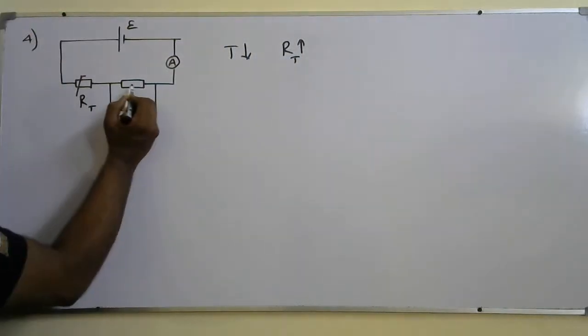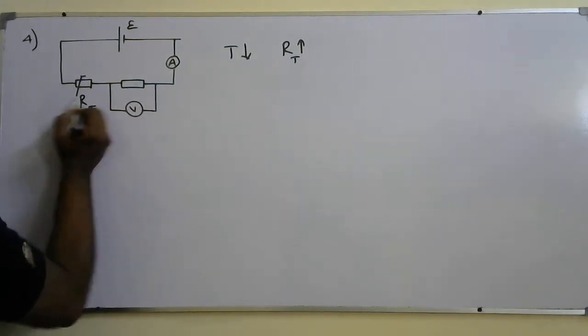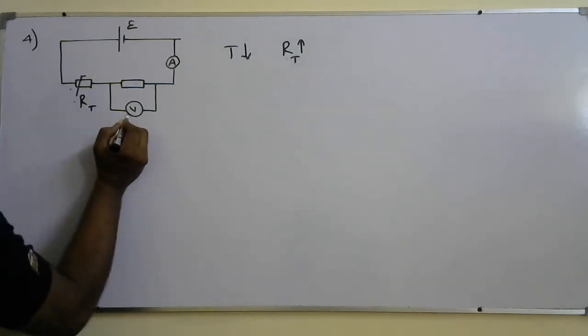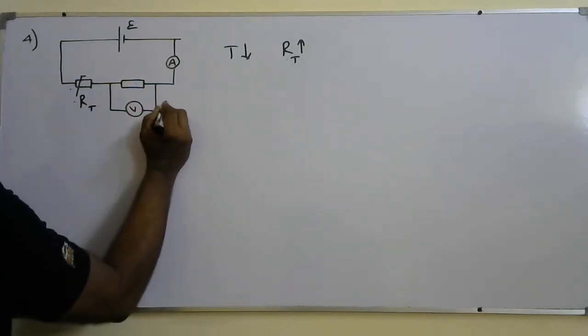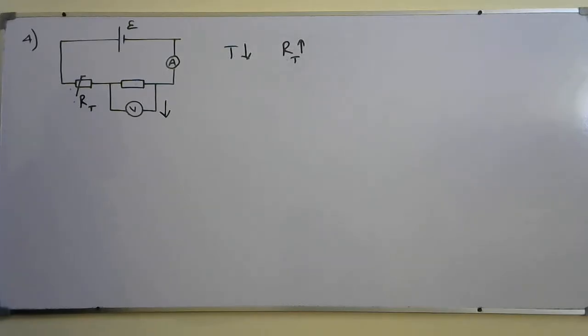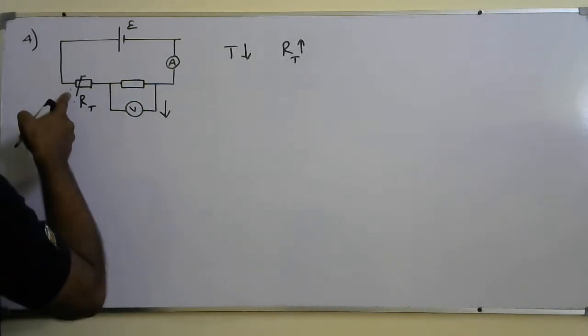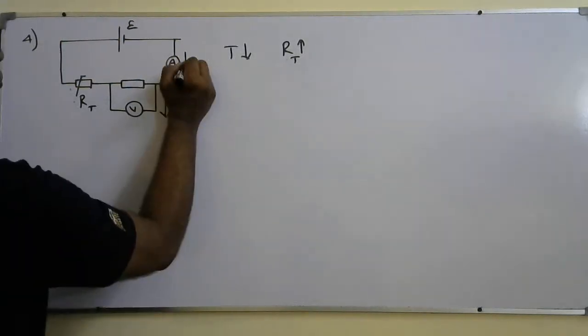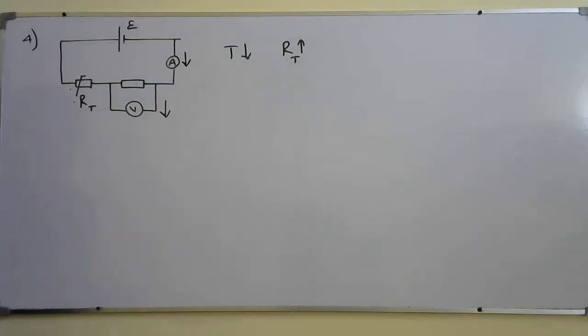This resistance remains unchanged, and this resistance is increasing, so the voltage across it will increase. So the voltage across this one, the resistor, will decrease. The voltmeter reading will decrease. Also, the resistance is increasing, so the total resistance of the circuit is increasing, so the current flow also will decrease. So question number 4, correct answer A.